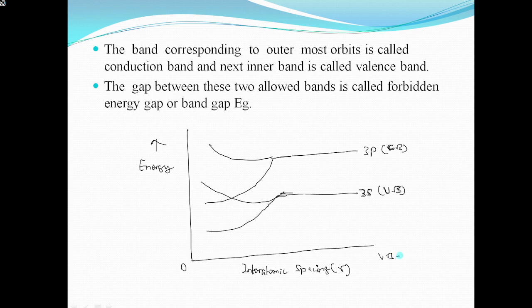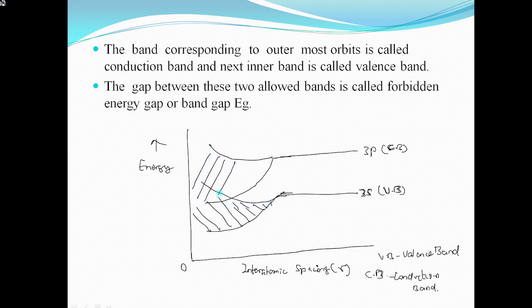Here VB means valency band and CB means conduction band. Now the valency band is filled with valency electrons, and at 0 Kelvin the conduction band is empty. There is no electron in the conduction band.